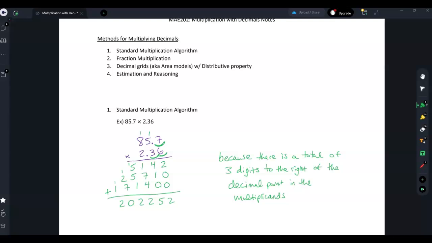That's a total of 3. So I want to make sure that my answer has a total of 3 digits behind the decimal point. And so that's how I know where to place that decimal. And so my answer in this case would be 202 and 252 thousandths.